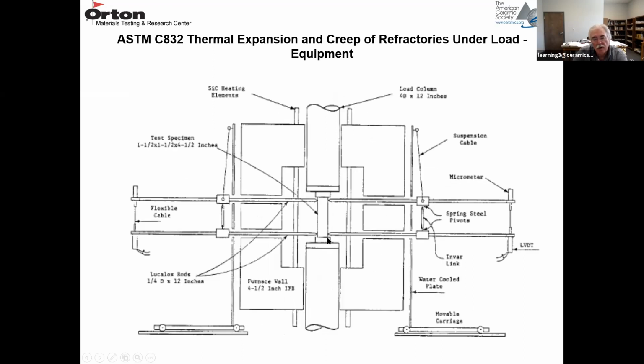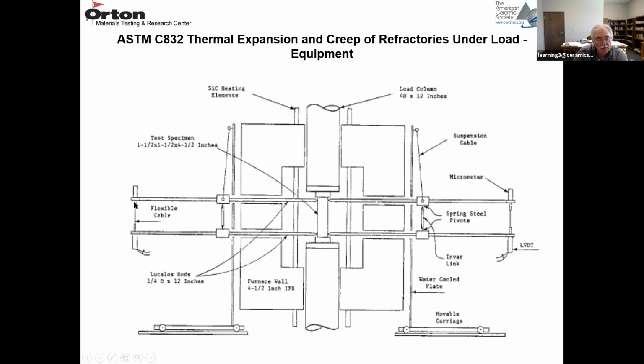There's another way of measuring the elongation or deformation, and that's to use these rods. These are usually sapphire rods that contact the sample and measure the deformation between the contact points. So the levers come out of the furnace and they're connected to a transducer.